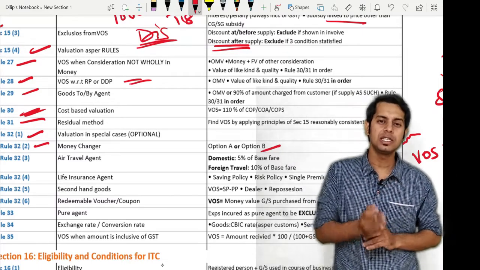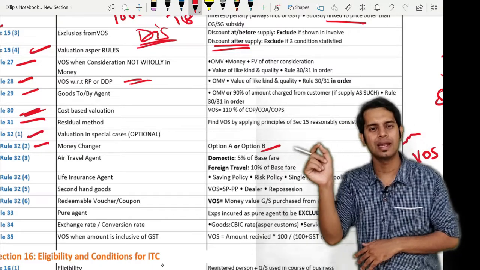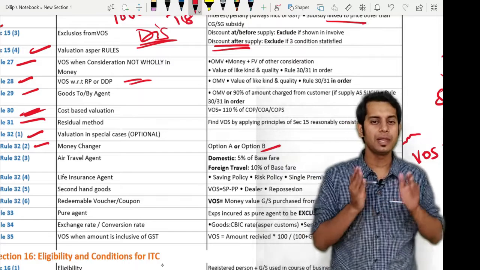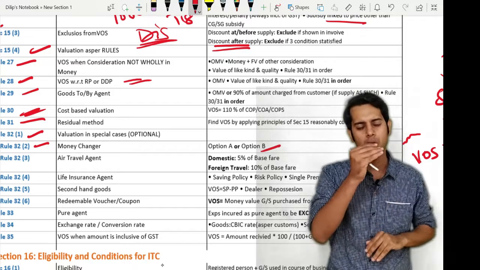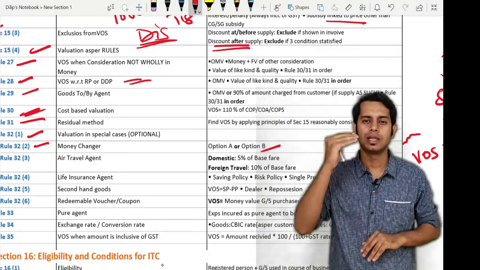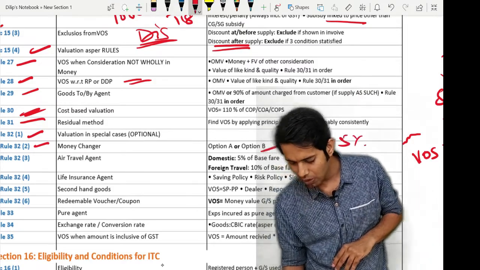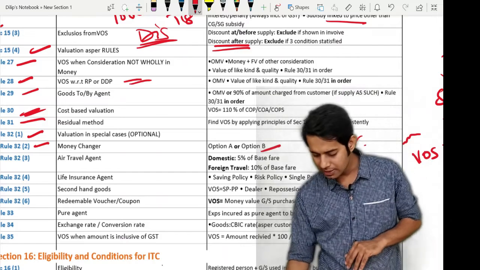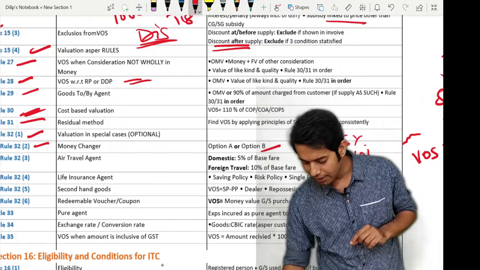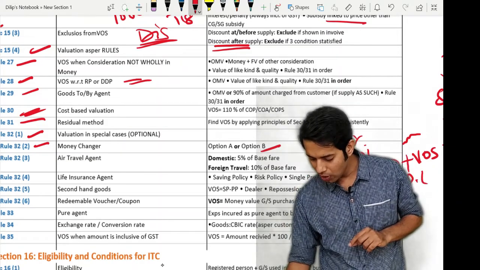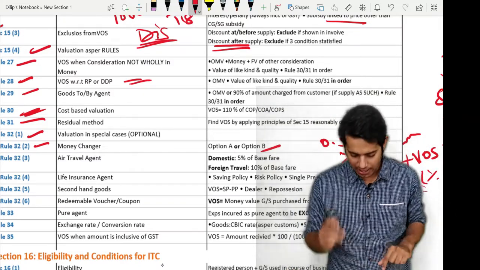If the amount exchanged is from 1 lakh till 10 lakhs, then value of supply will be 1000, which is 1% of 1 lakh, plus 0.5% of gross currency exchange. Then if it is more than 10 lakh, then 5,500 plus 0.1% of gross currency exchange, or rupees 60,000, whichever is higher.